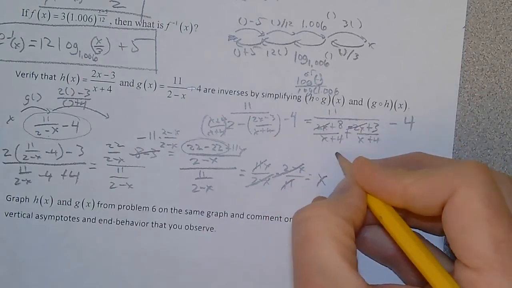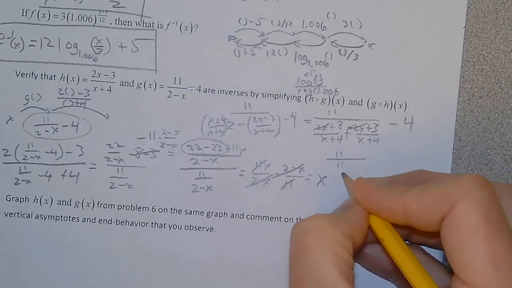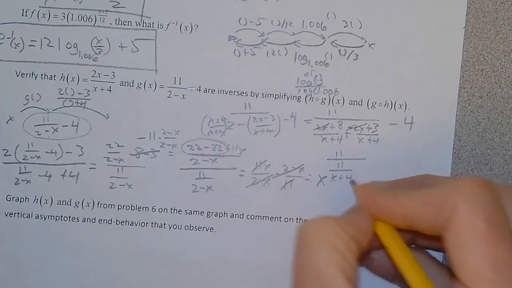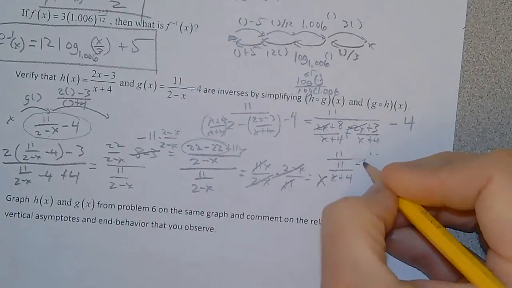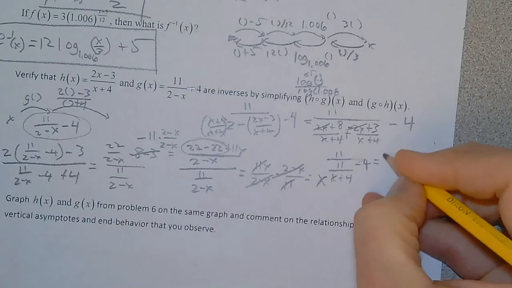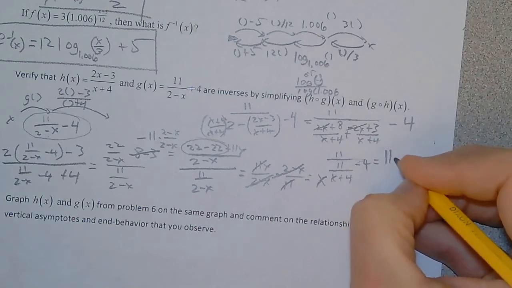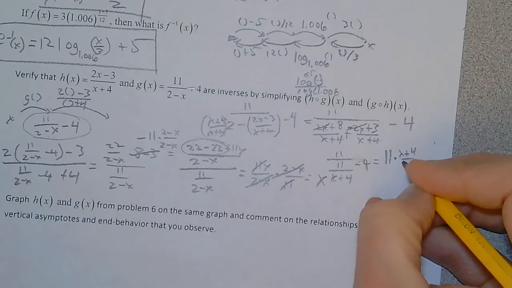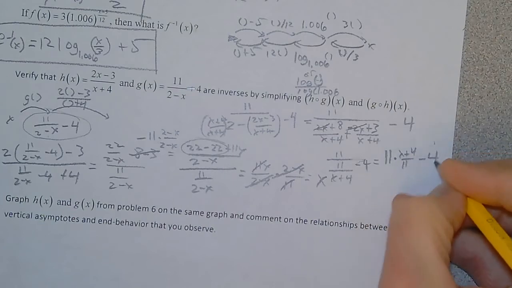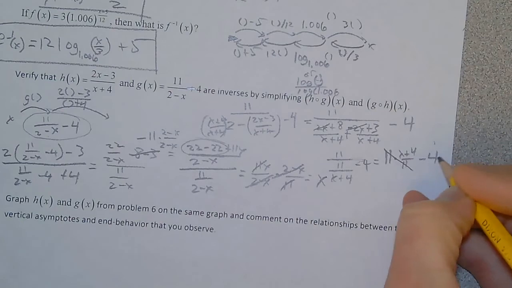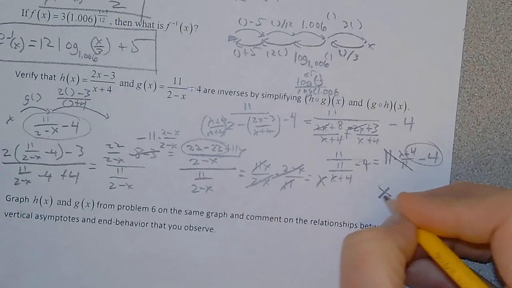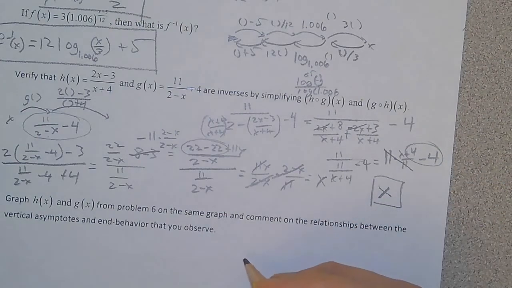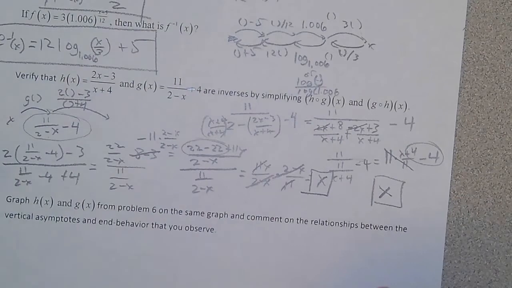The 8 plus 3 is going to give me an 11 over x plus 4, minus 4, but that is an 11 times x plus 4 over 11, minus 4, and those 11s will cancel, and the x plus 4 minus 4 will leave me just an x on that end, just like I did on that version. So that verifies that those are inverses.